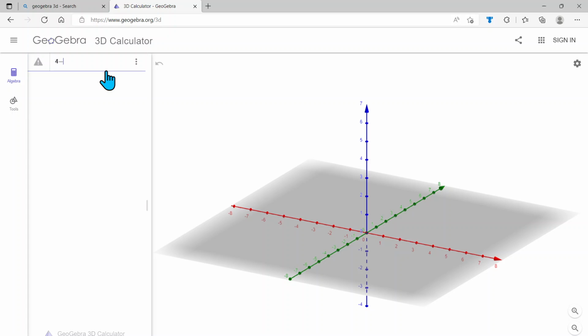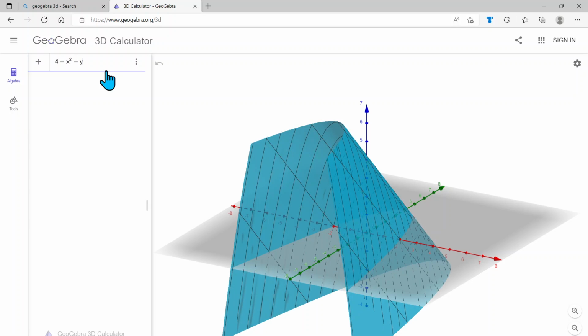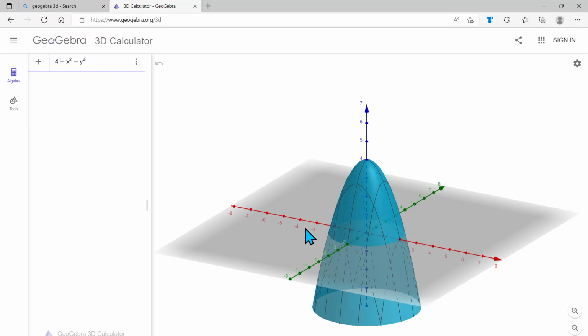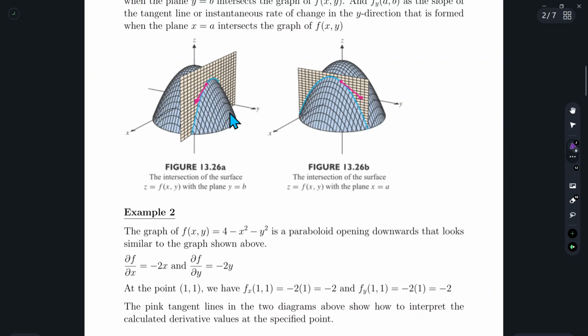So 4 minus x squared minus y squared is this upside down paraboloid, similar to what's being shown in this diagram here.